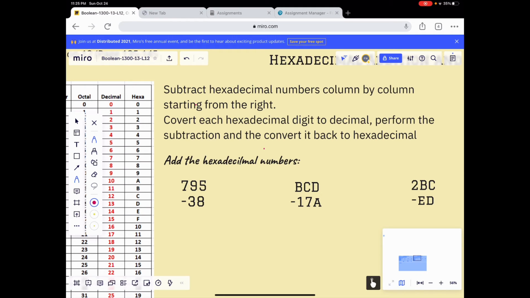So 5 cannot subtract 8, so you borrow 1 from 9, and you only have 8 left. You borrow 1, that means 16. So 16 plus 5 equals 21, and then 21 subtract 8 equals 13. You convert back to hexa, and 13 is letter D.